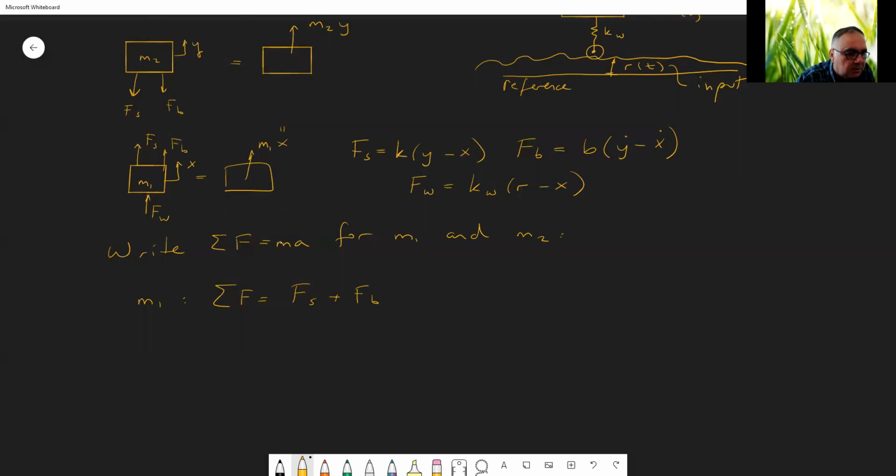If we are looking at M1, Fs plus Fb plus Fw will be equal to M1 x1 double dot, which will be Fs is k(y minus x) plus b(y dot minus x dot) plus Fw is Kw(r minus x) is equal to M1 x1 double dot.